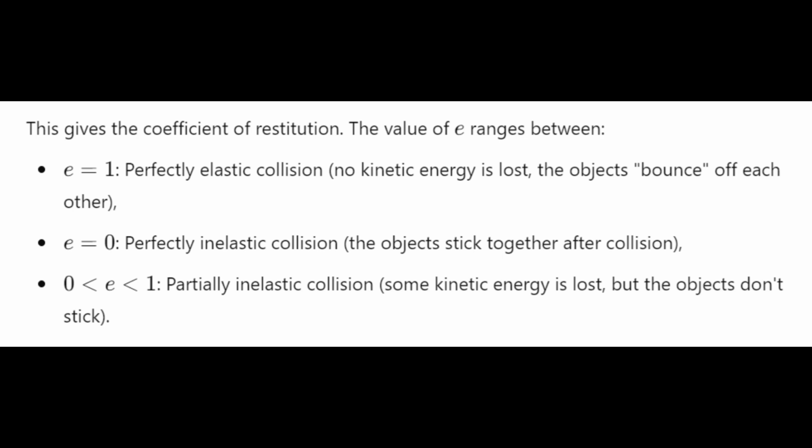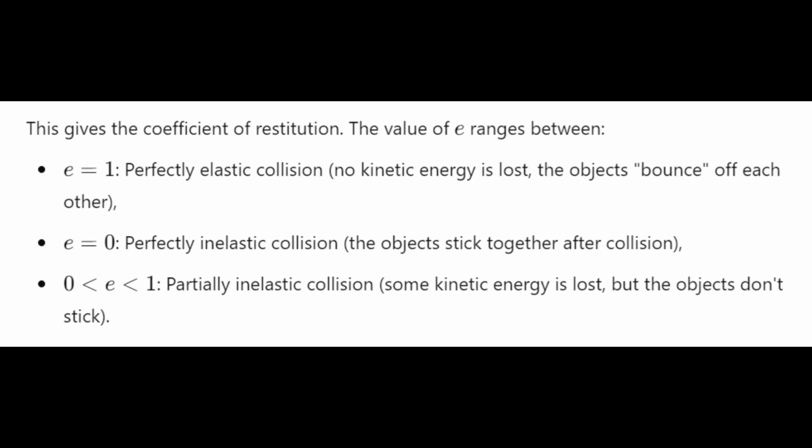And so more importantly, when E equals 1, then we have a perfectly elastic collision. So no kinetic energy is lost. The objects do bounce off in the opposite direction. When E is 0, then we have a perfectly inelastic collision. So the objects stick together after collision.